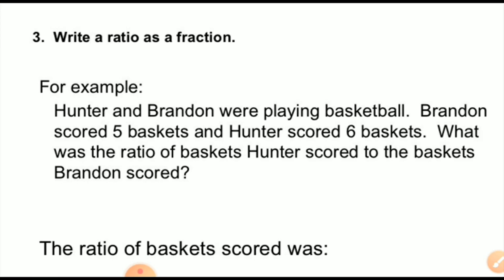For example, Hunter and Brandon were playing basketball. Brandon scored 5 baskets and Hunter scored 6 baskets. What was the ratio of baskets Hunter scored to the baskets Brandon scored? Here two boys are playing. I am taking different names so you can get what kind of names are there in abroad countries.